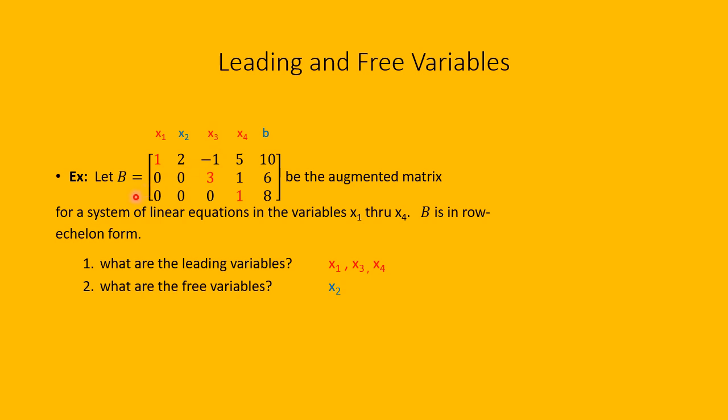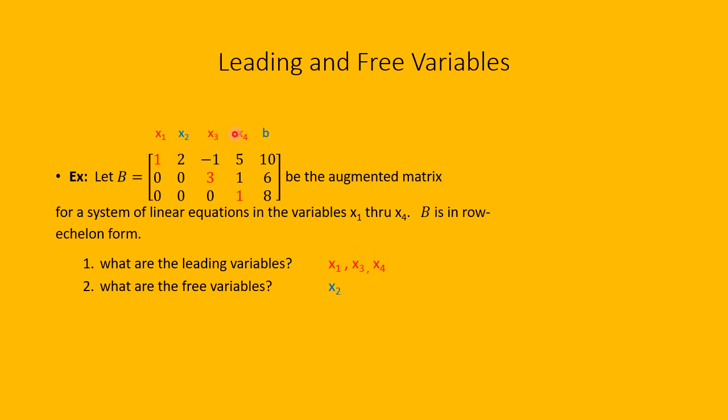Looking at the third row, going from left to right, the first non-zero entry we find is this one, and so another leading variable is x sub 4. So the leading variables are x sub 1, x sub 3, and x sub 4.